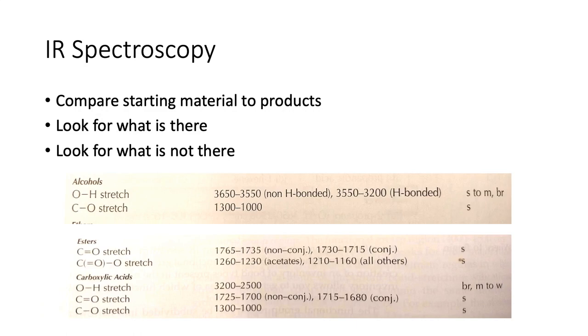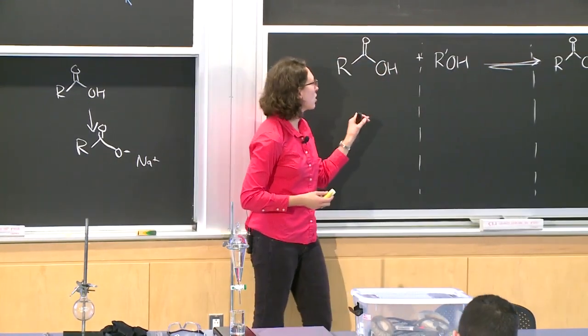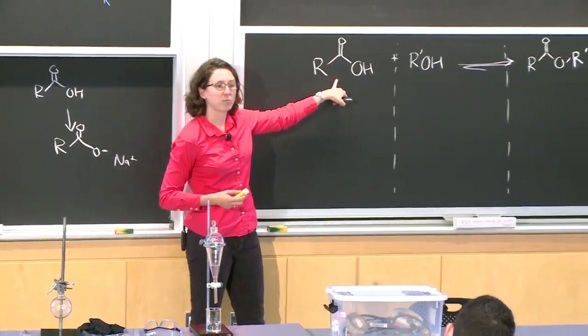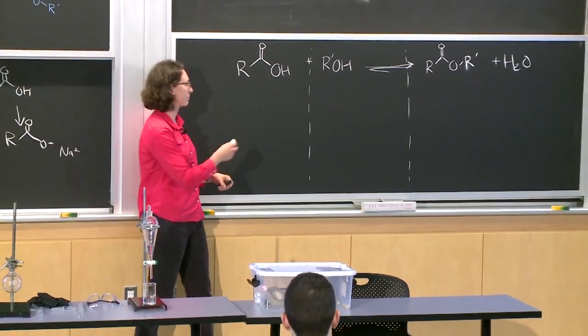If we go back and think about the IR that we talked about last time, and if we think about our products and our reactants, what IR bands are we going to see in our carboxylic acid reactant?